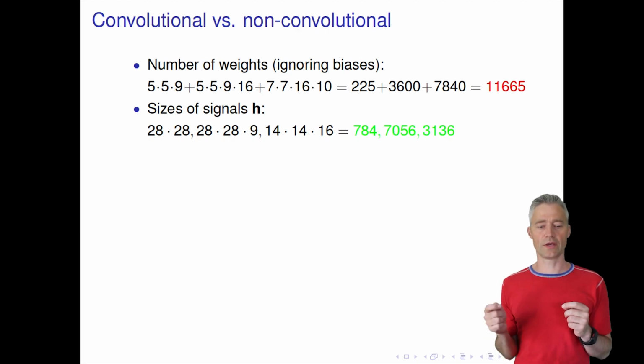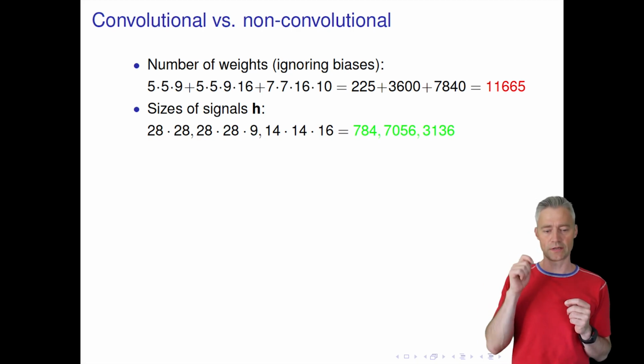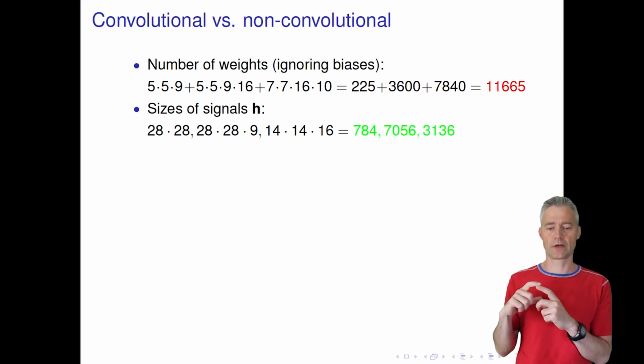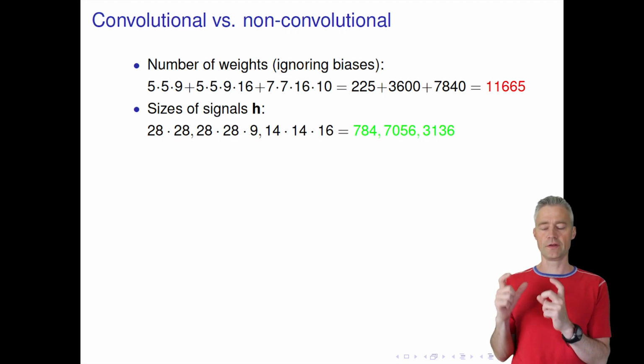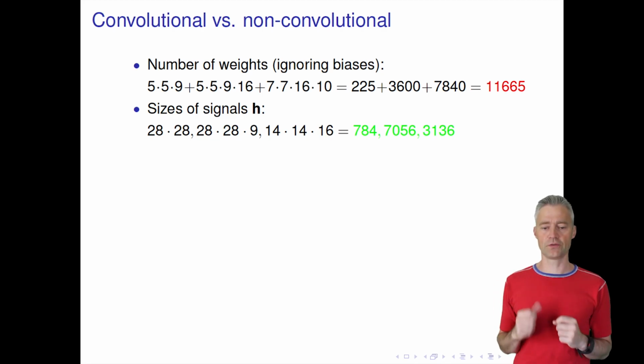But then if we look at the amount of features, meaning values we have in the filter maps, the filter images, you can see in the first layer we still have 28 by 28, times 9 because we have 9 filters, so that gives us more than 7,000 features from the output of that first convolutional layer.